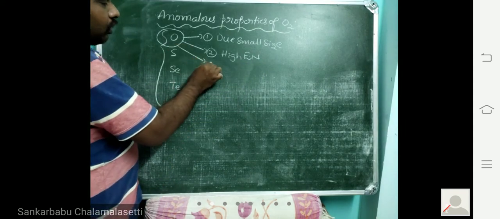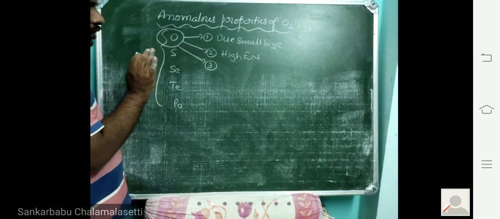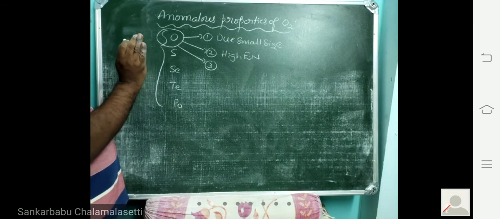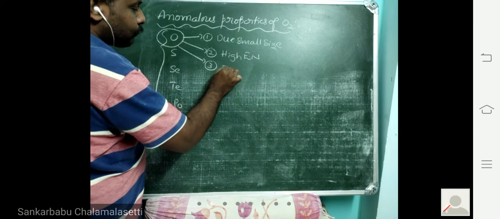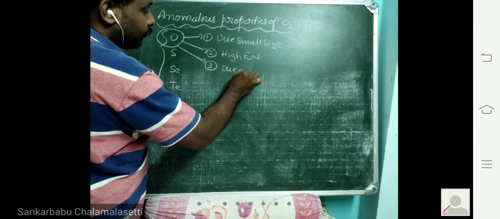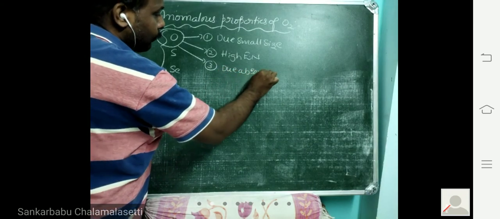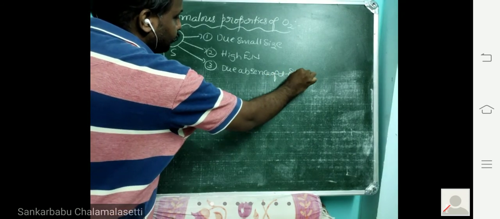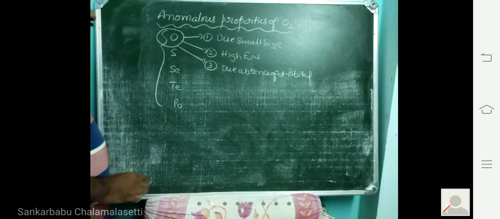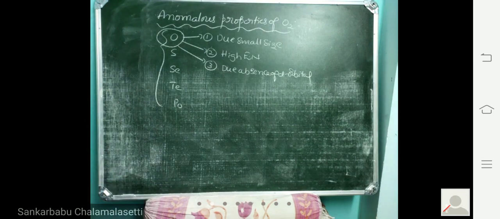And third, in this group, only oxygen has no d orbital, due to absence of d orbital. Because of these three reasons, oxygen shows some anomalous properties when compared to the remaining group of elements.